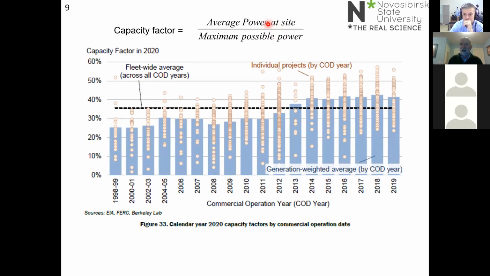So it actually combines the productivity of the generator with the conditions at the site. As I said, we're going to spend a lot of time looking at how capacity factors are calculated, particularly for wind power and for solar power, although it also comes into hydropower projects as well.